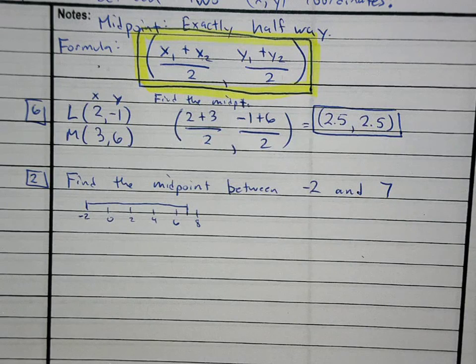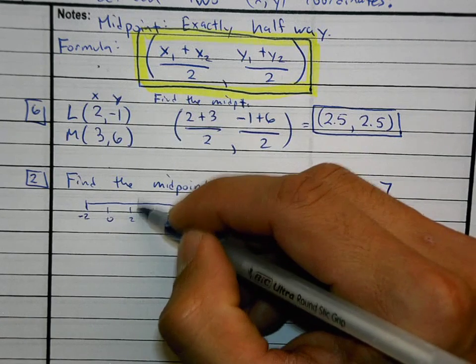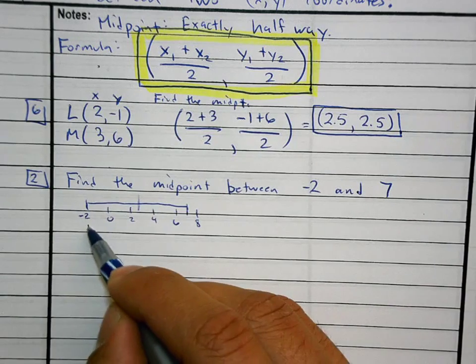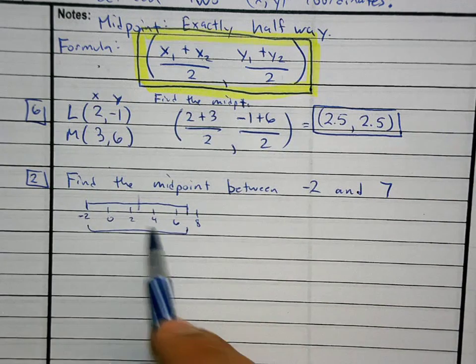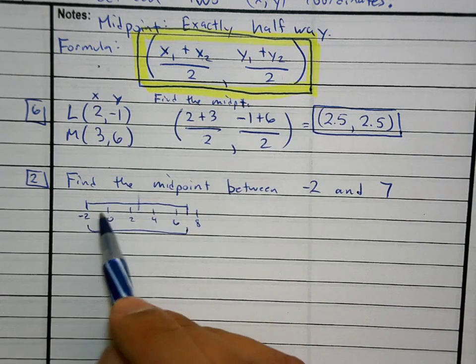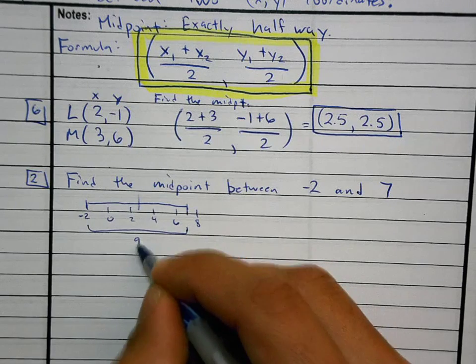So if I'm thinking about where the halfway point is between -2 and 7, I know it's got to be in the middle, right? I have to know how far it is. 7 units plus the additional 2 is 9 units.